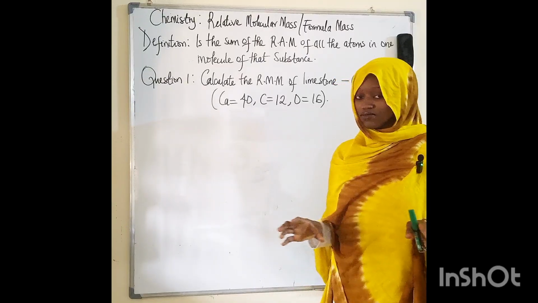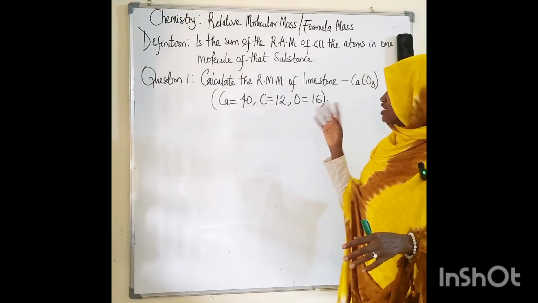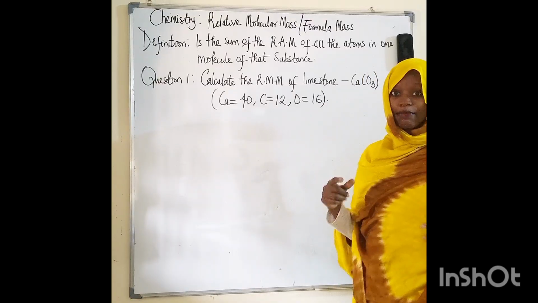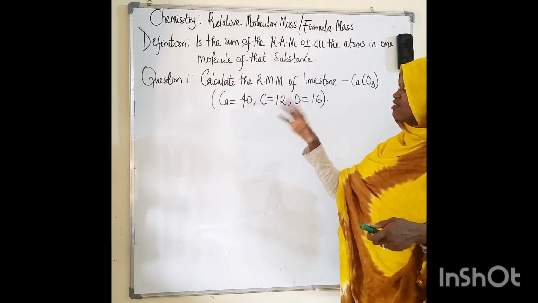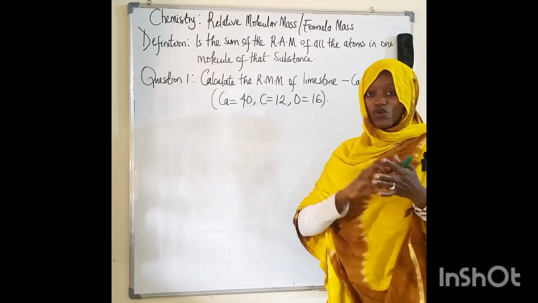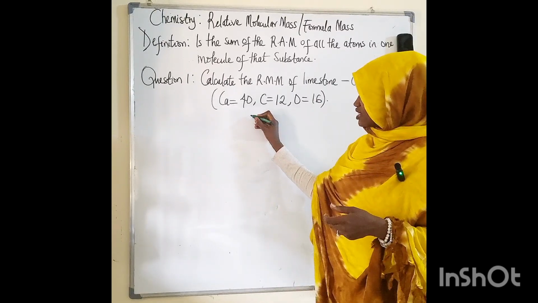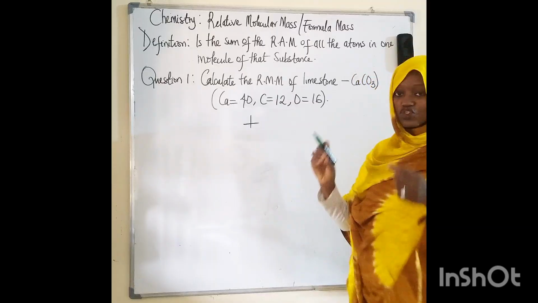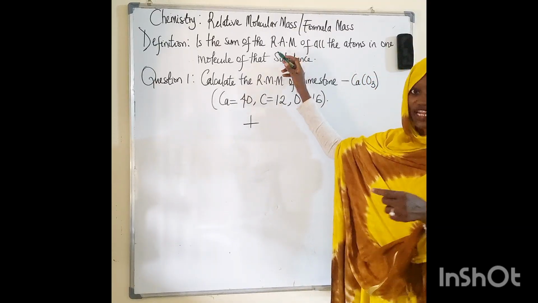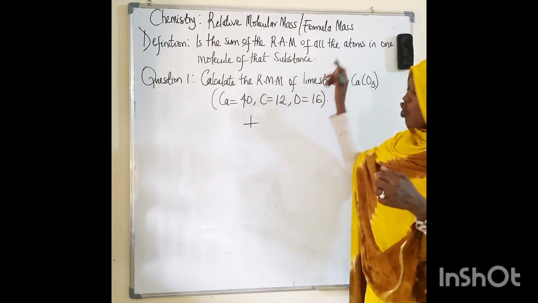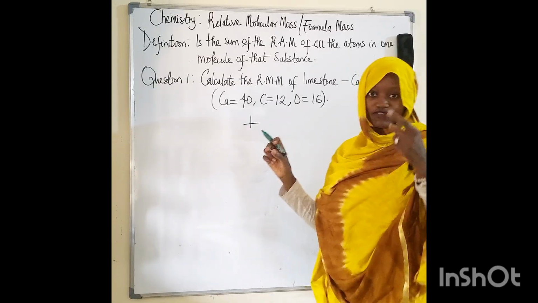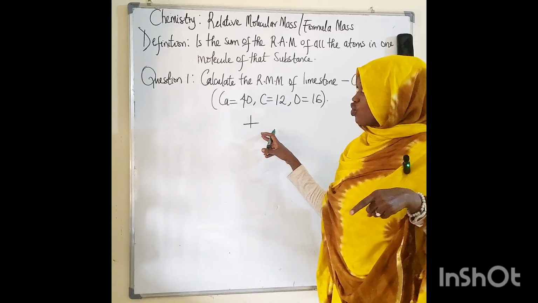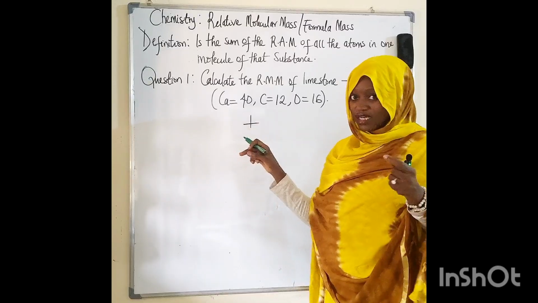In simple terms, the relative molecular mass, that is the R.M.M, or the formula mass, is defined as the sum. When we say sum, what do we mean? Addition, right? So the sum of what? The relative atomic mass of all the atoms present in one molecule of that substance is what we call the relative molecular mass.